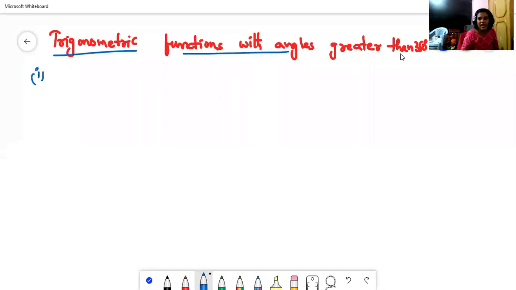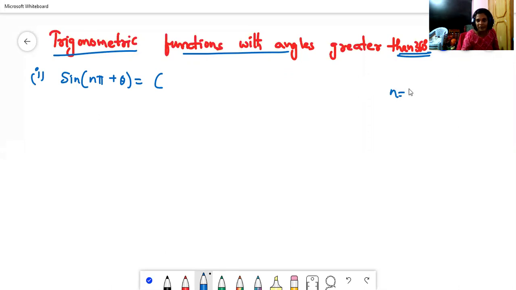Trigonometric functions with angles greater than 360 degrees means we can take sine of n pi plus theta. N pi plus theta means it will come in the first quadrant, and also pi is there. Pi means 180 degrees. 180 degrees plus theta means that will come in the third quadrant.